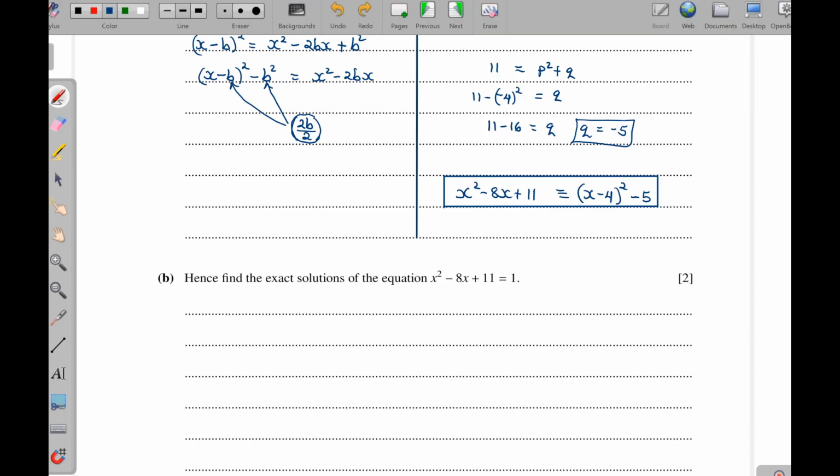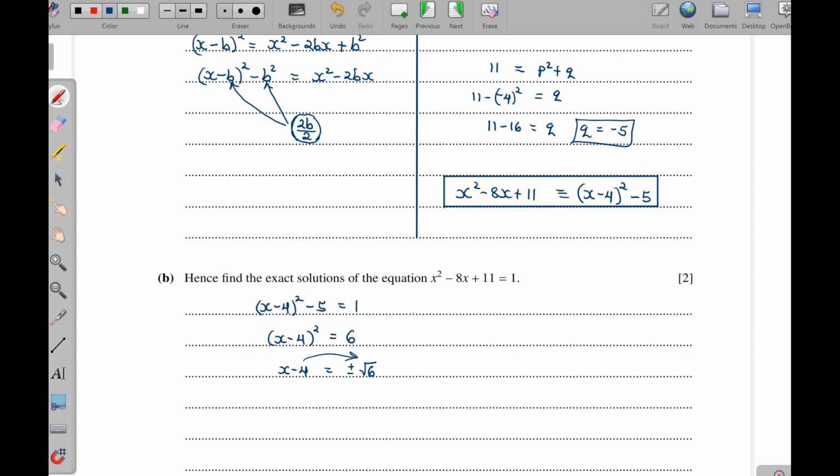So I will just say (x minus 4) squared, then minus 5, shall be equal to 1. Take this one this side, it adds to 1, so we shall have 6. That is (x minus 4) squared, which is equal to 6. Then we shall take square roots on both sides. We shall have x minus 4 equal to plus or minus the square root of 6.